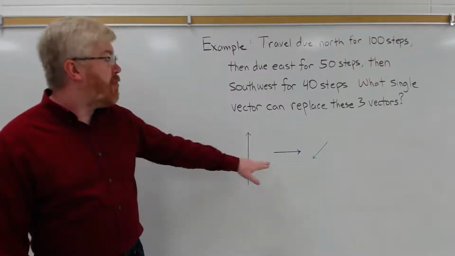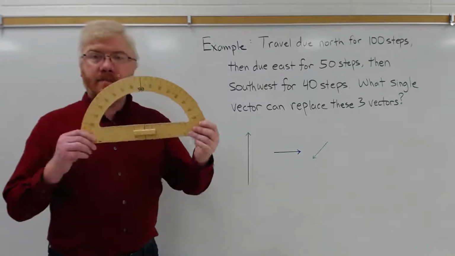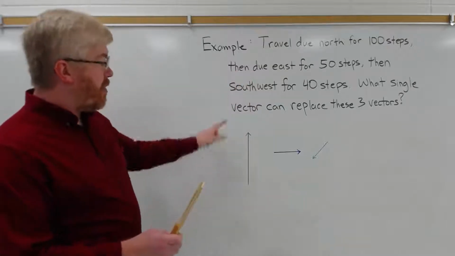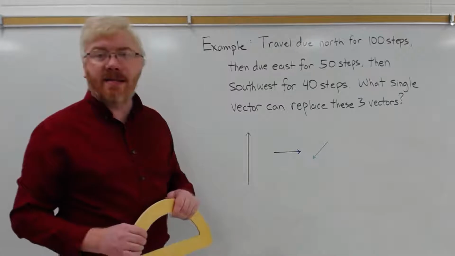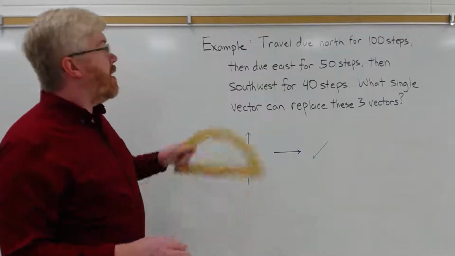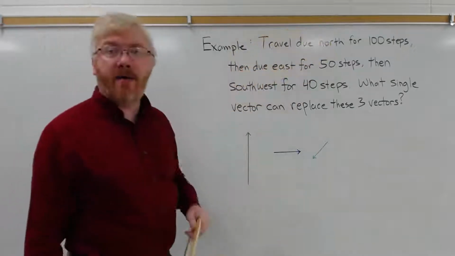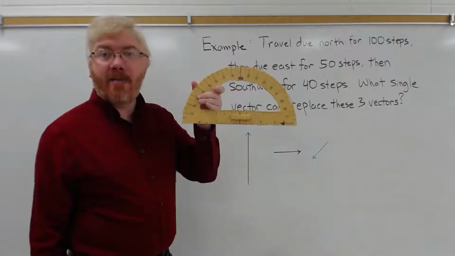I've drawn out the 3 vectors here using my handy ruler and protractor. North is easy, of course. I've defined north to be up, south is down, east is to the right, west is to the left. So north is just straight up. The length of this vector represents 100 steps; I have that being 10 centimeters on my giant protractor here.